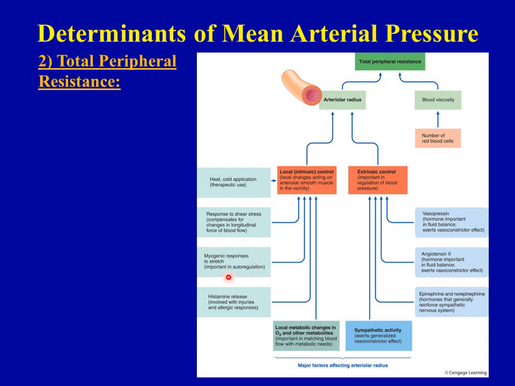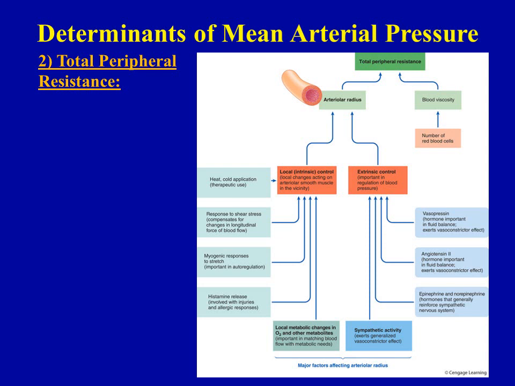Sudden stretch in a blood vessel will cause its vasoconstriction, and sudden release of that stretch will cause vasodilation of the blood vessel. Other factors in the local or intrinsic control is the local release of histamine, like in allergic reaction and during inflammation.